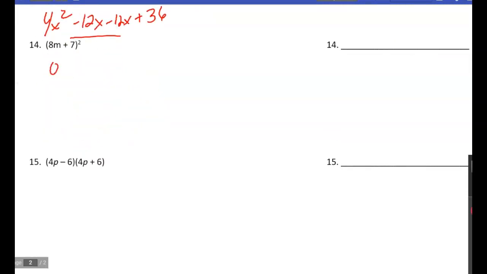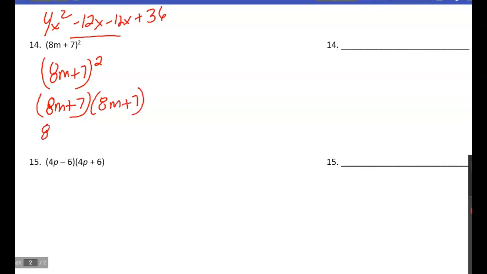Some things here. These are special cases. So you have 8m plus 7. Here's doing that 2 times. So you have 8m times 8m plus 7. And then you have plus 7 times 8m plus 7.